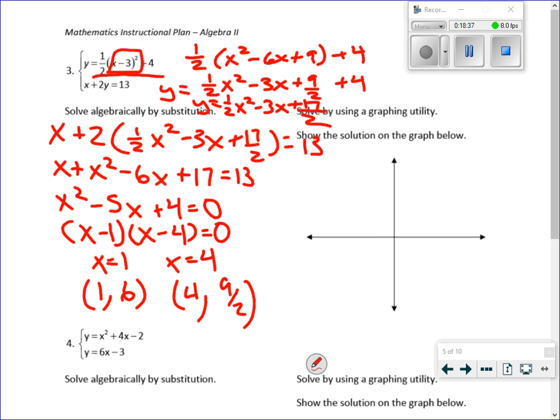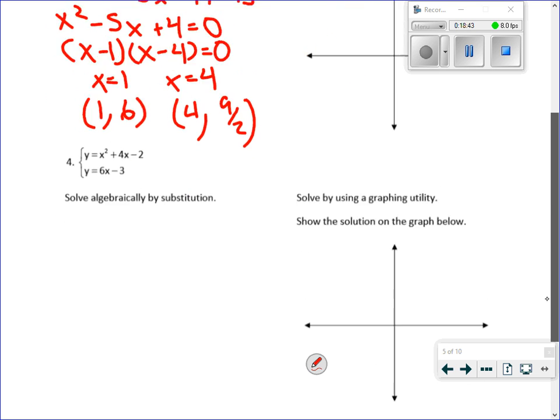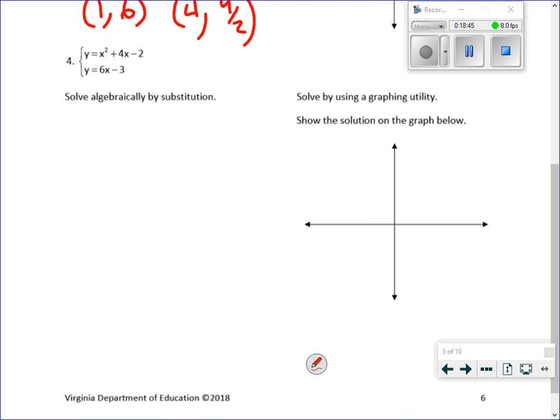And then with question 4, how could we set up question 4? What do you notice about question 4? Equal to each other? Yep, you could write them both equal to each other. So you just have x squared plus 4x minus 2 is equal to 6x minus 3.